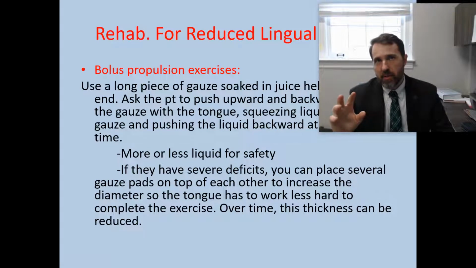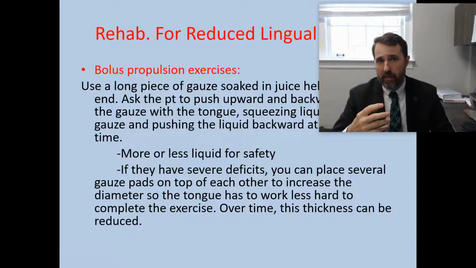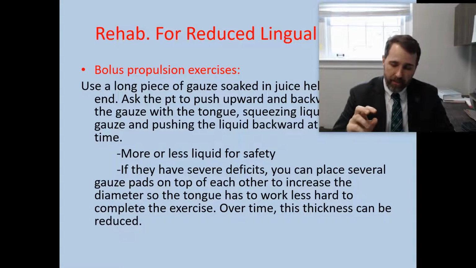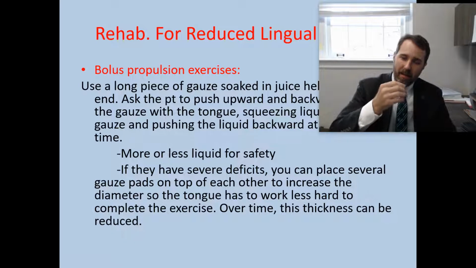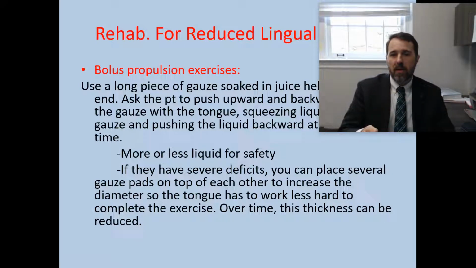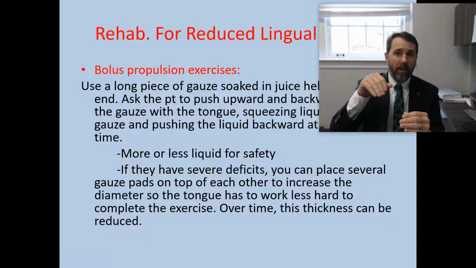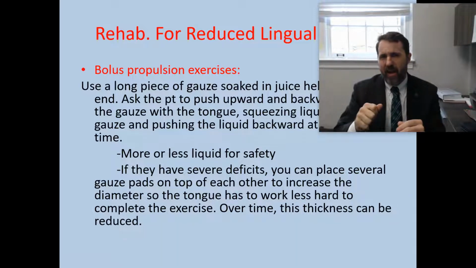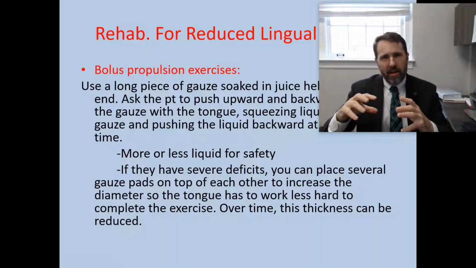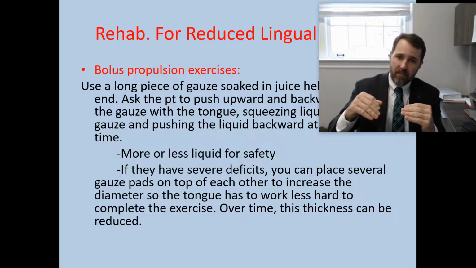An exercise that you could use not to target necessarily bolus formation or manipulation, but AP transit, is you could take a piece of gauze and soak that gauze in juice, and placing the gauze on the tongue, you could have them move their tongue against their hard palate anterior to posteriorly to squeeze the liquid out of the gauze. And the more gauze you use, the easier that is.